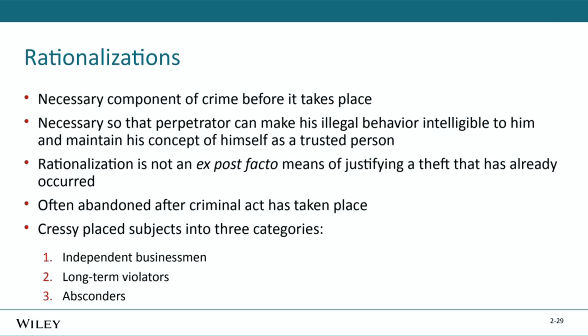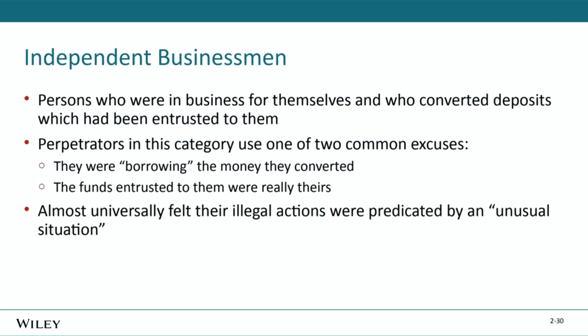Cressey placed subjects into three categories: the independent businessmen, the long-term violators, and a group called the absconders. So who are these folk? Independent businessmen are persons who were in business for themselves and who converted deposits which had been entrusted to them.